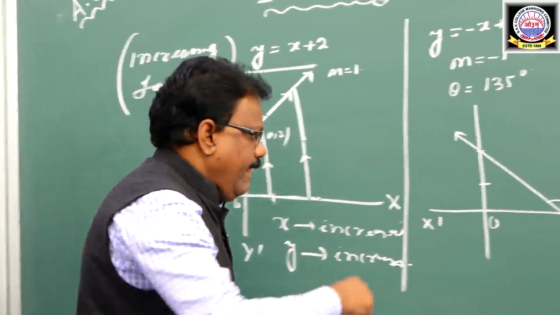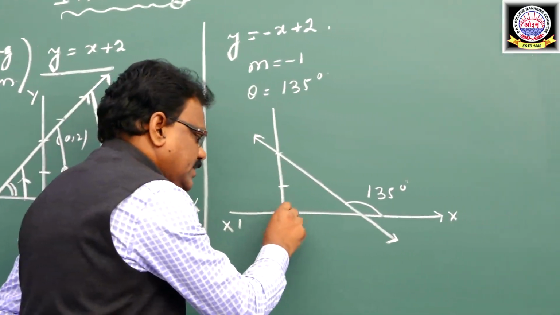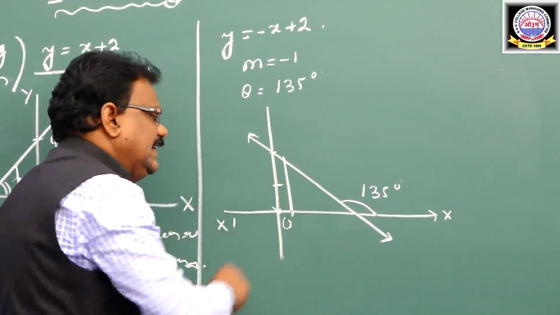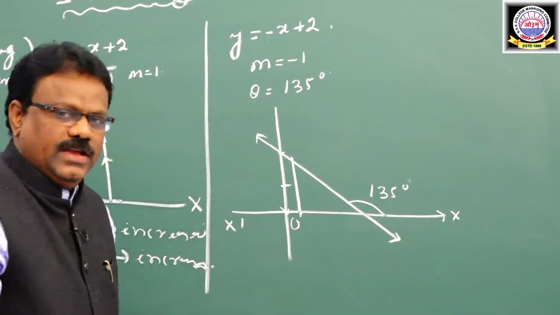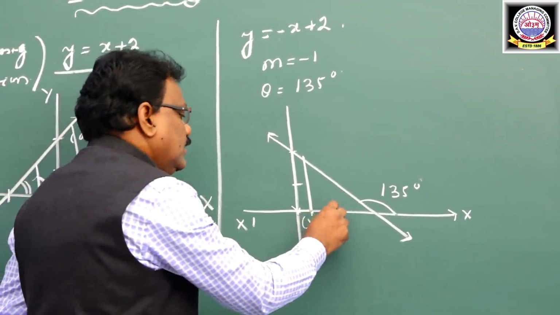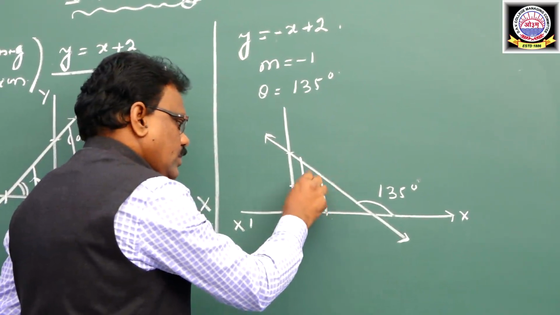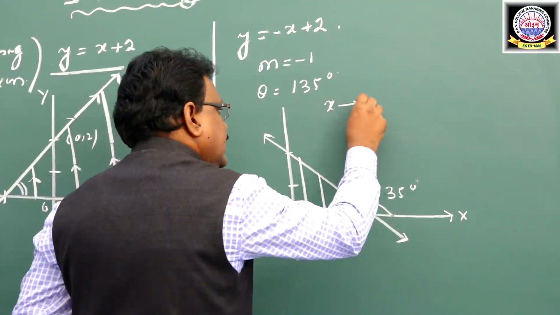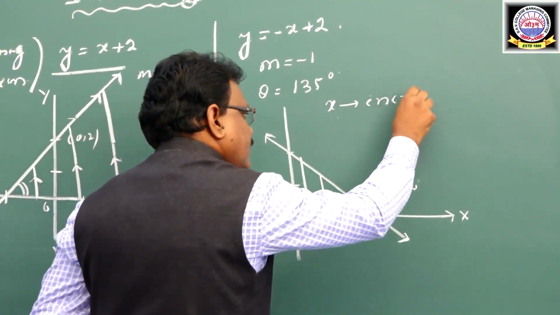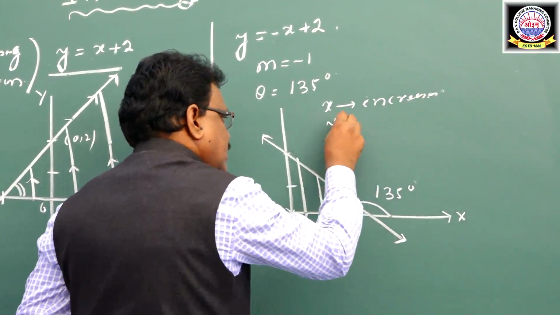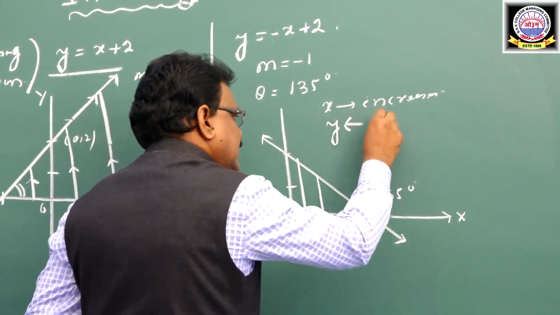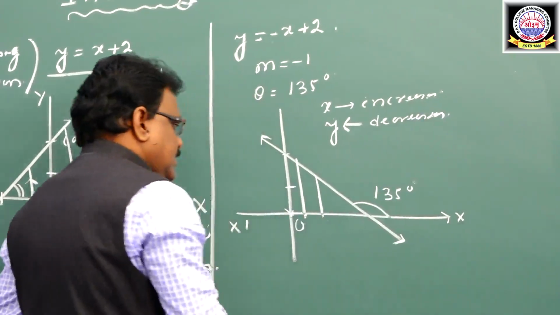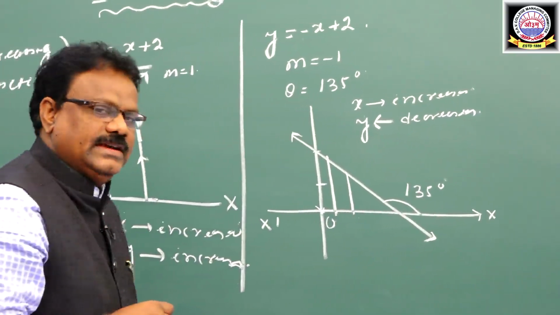Come to here. I am moving from left to right on the x axis. Suppose I am taking x here. This is the corresponding height or y value. I am going here, the corresponding value of y is decreasing. So, when x increases, y decreases. If the value of x increases, then the value of y decreases.